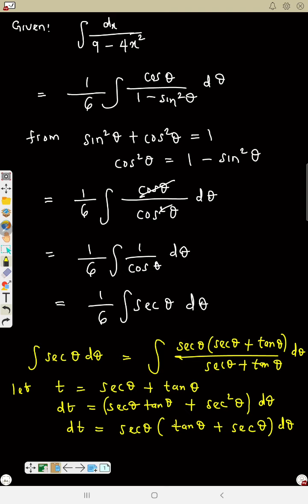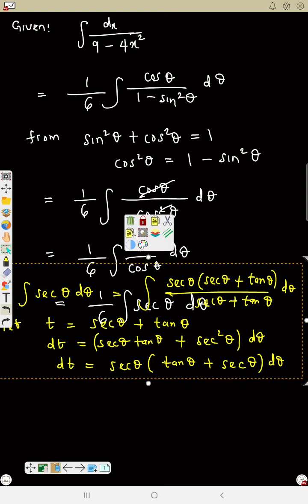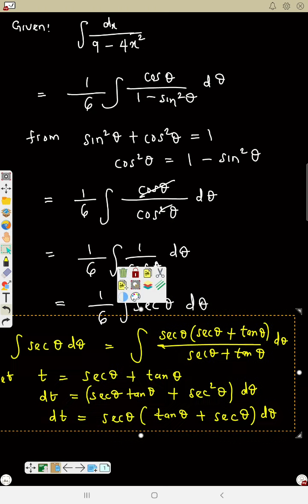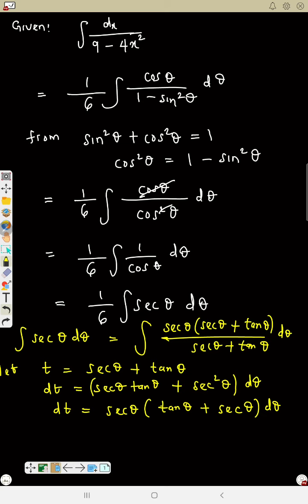So if you look at this expression here, go back to this integral here. Now what is sec theta bracket sec theta plus tan theta? We have seen it, that is dt now. And what is sec theta plus tan theta? We have seen it, that is t.